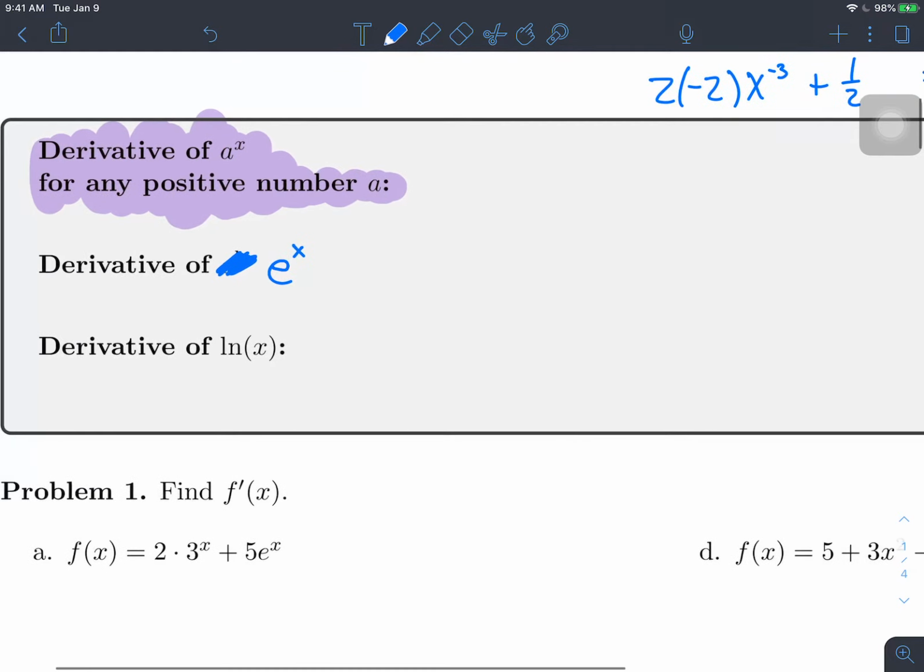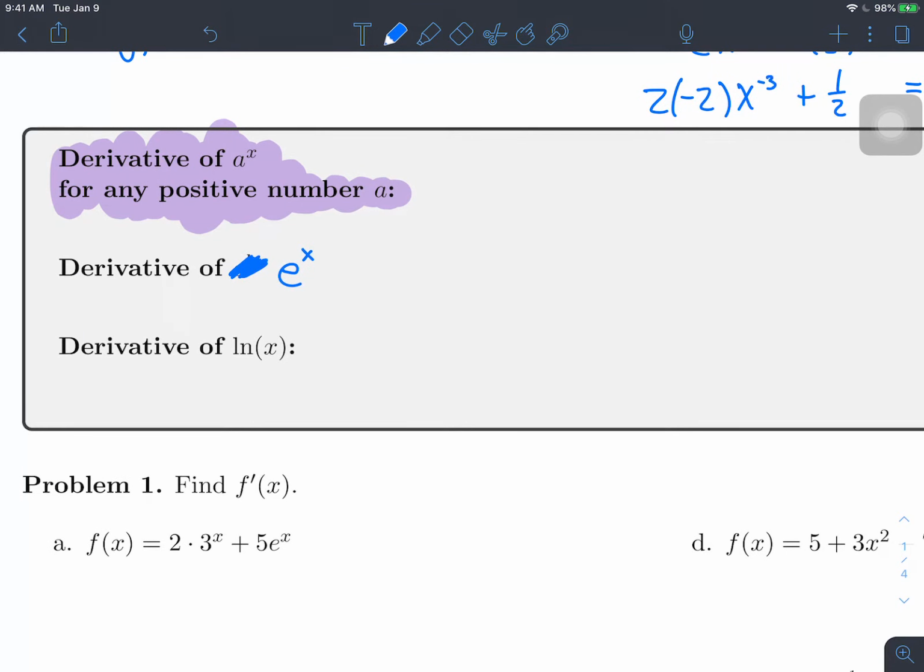The first thing is the derivative of e to the x, and it's the easiest thing that you could possibly imagine. The derivative of e to the x is, drumroll please, e to the x. Bam. So the derivative of e to the x is just e to the x again.